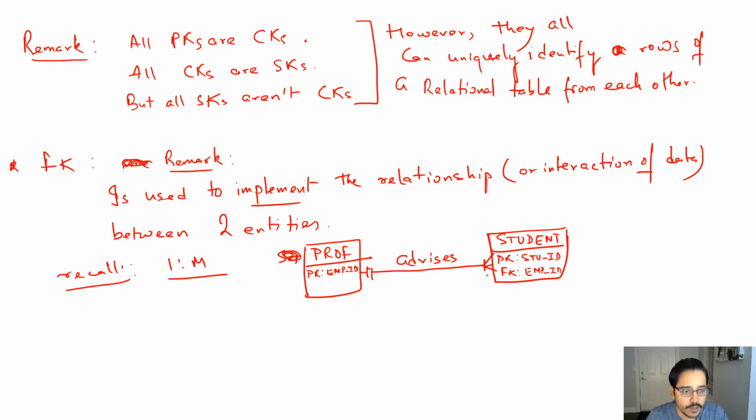And this employee ID is basically the primary key of another table, but it is the foreign key in the student table.